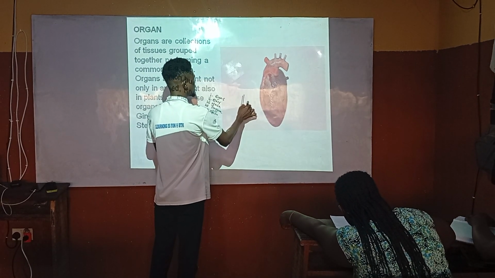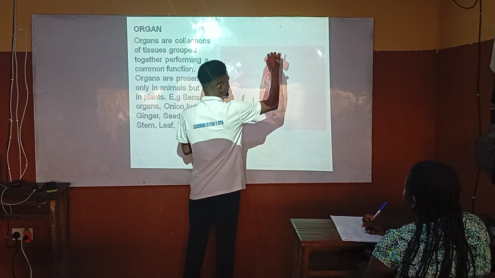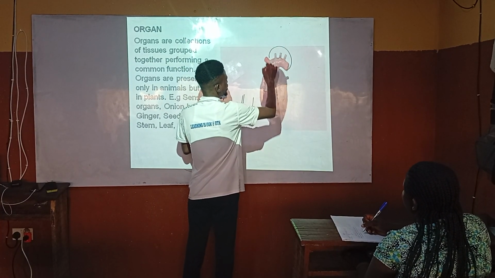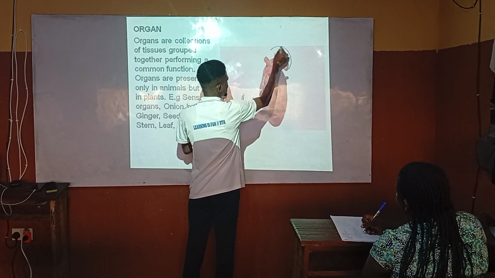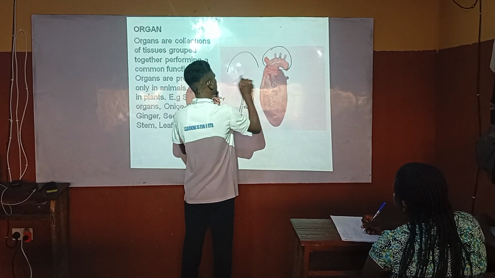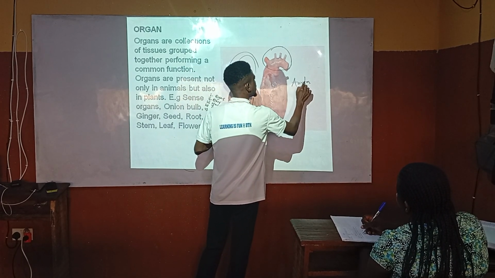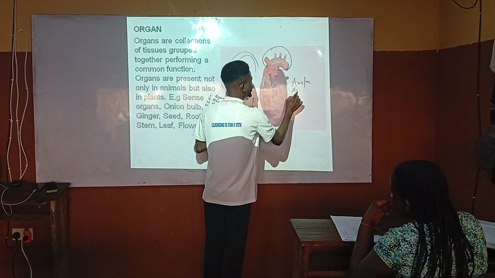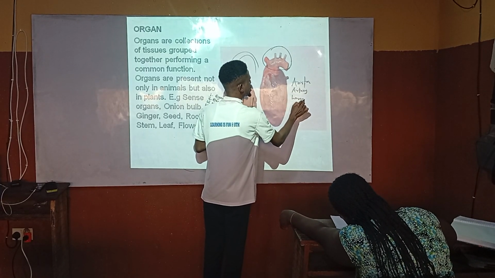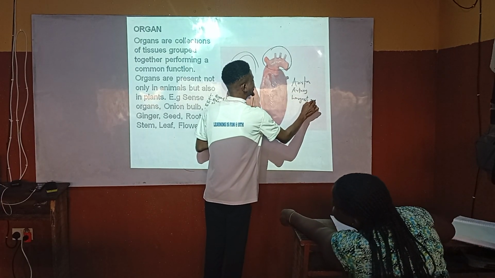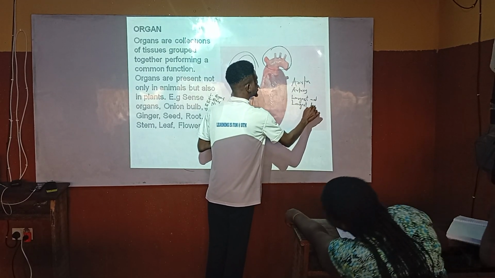And of course, my illustration here is the heart. This is the heart here. Now, take note. This particular part of the heart, we call it the aorta. The aorta is an artery, and the aorta is the largest and longest artery.